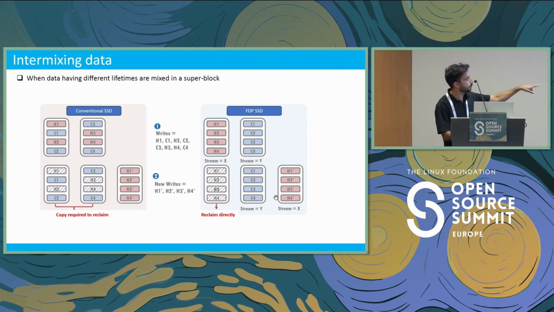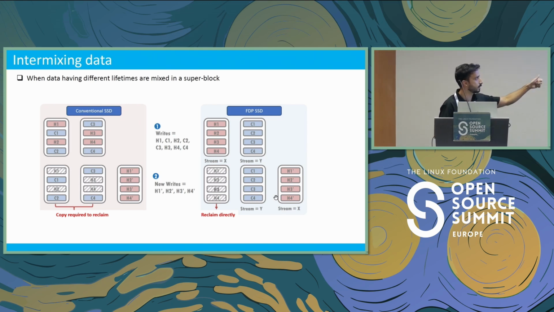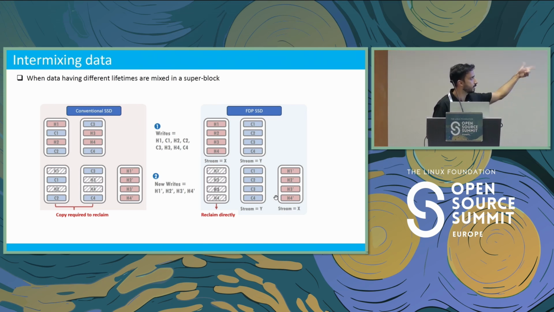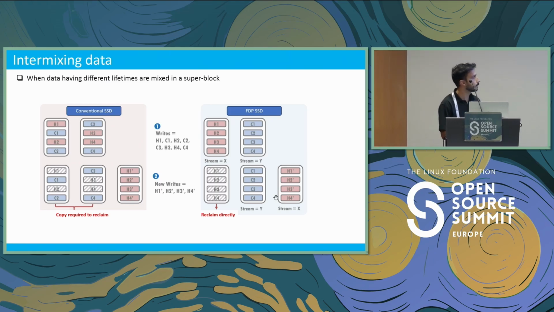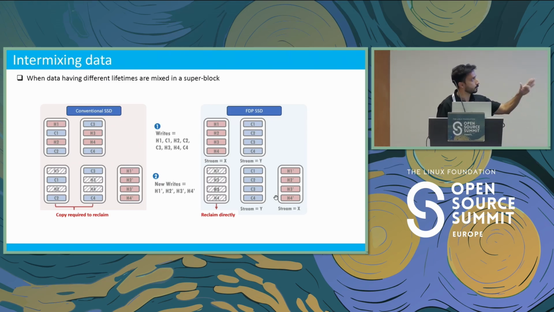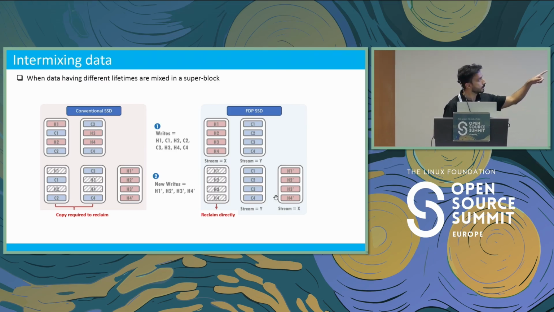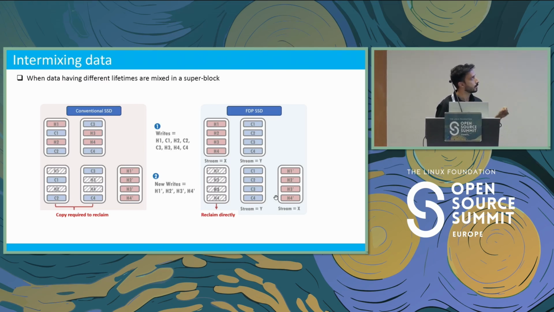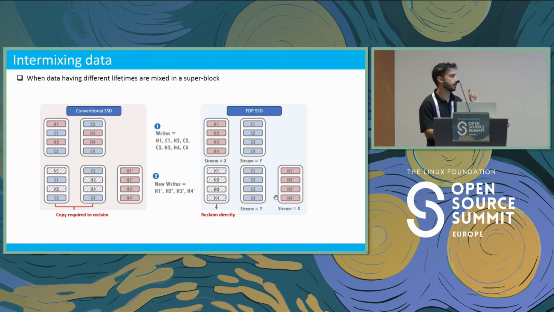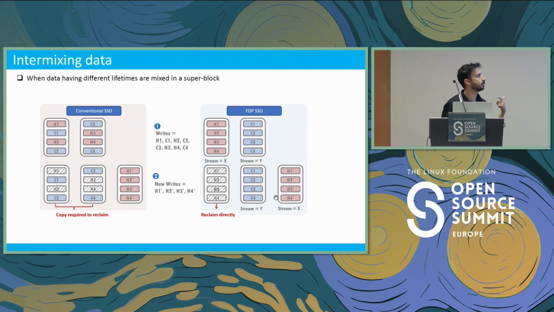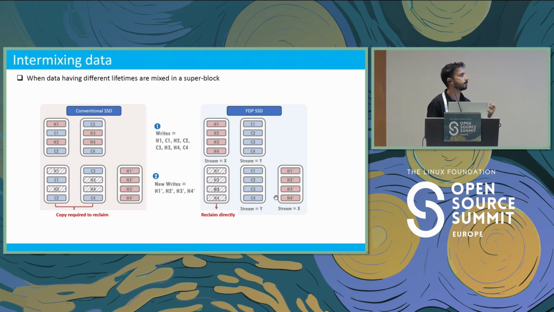The important point here was that there is a copy required to reclaim, or to basically produce, a free block, and the copy is C1, C2, C3, and C4. On the right hand side, what you see is the same sequence, but this time you see this thing called stream X, stream Y. You say that with your writes, you decide to provide a hint.